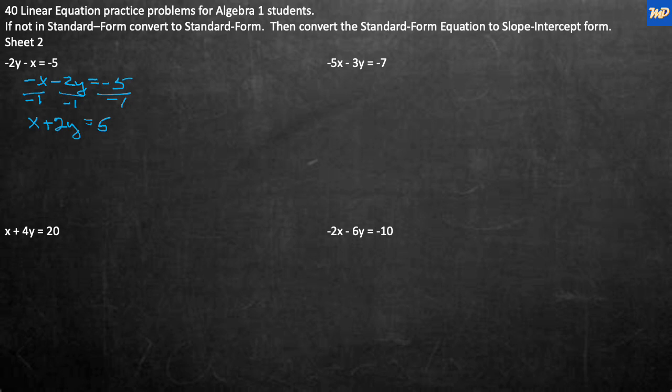Now we have to move the x to the other side, because if you go through this center line here, all the x terms go on the right side, the y terms stay on the left side.